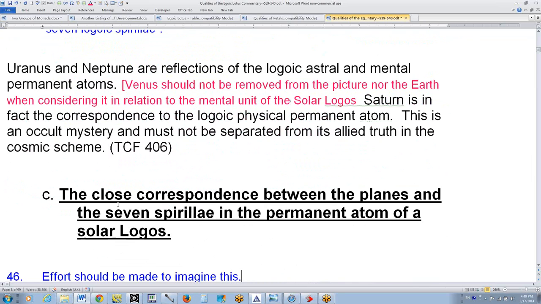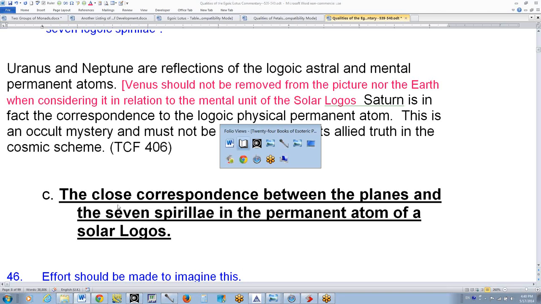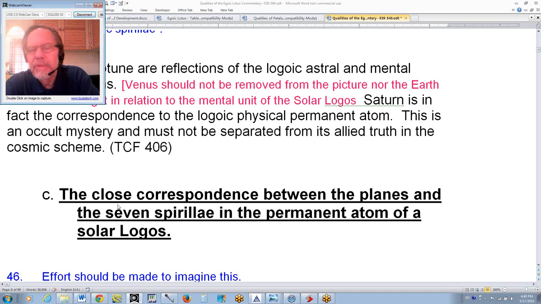Okay, now we're studying the solar system from the physical point of view, and so point C is that we would also be studying the close correspondence between the planes and the seven spirillae in the permanent atom of a solar logos. Now, we've been talking mostly in terms of physical systemic planes, but there are probably cosmic astral subplanes and the great cosmic astral plane and cosmic mental subplanes and so forth.